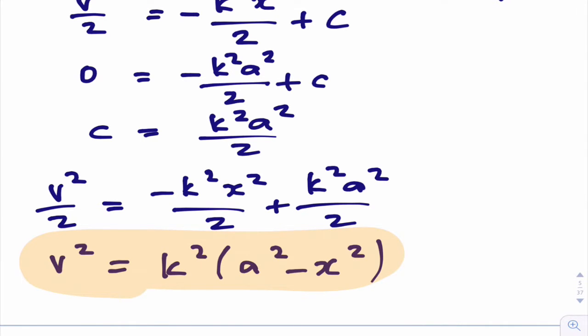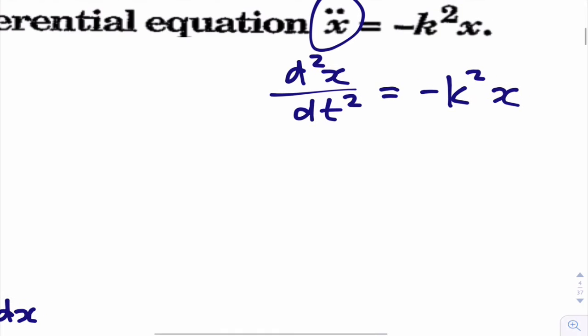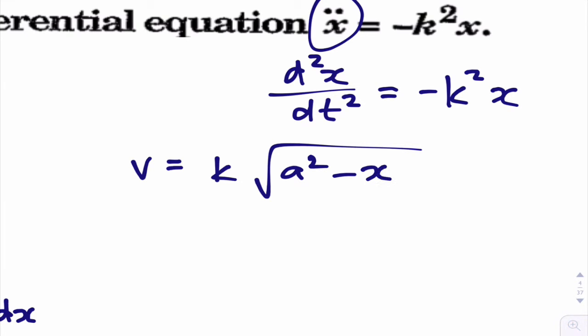Now we can take the square root of that. Taking the square root of both sides, v equals k root of A squared minus x squared. When we're trying to solve this differential equation, we're trying to get x on its own.